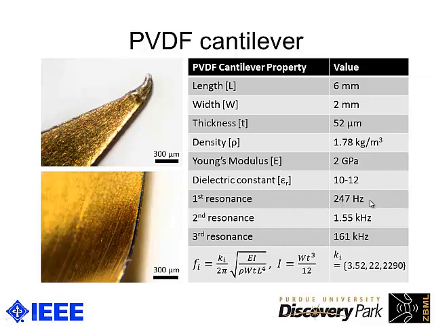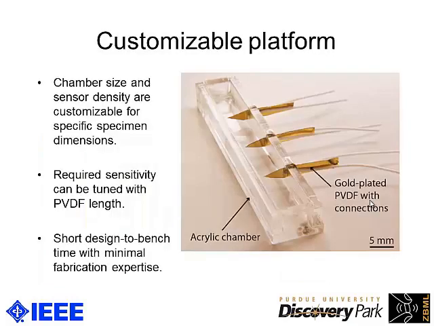And we see resonant frequencies of about, first resonant of 247 hertz. And that's good. That's about the frequency range that we saw later in testing. So here's an example of one particular platform. Again, we can change the number of strips that we have in there, change the orientation.